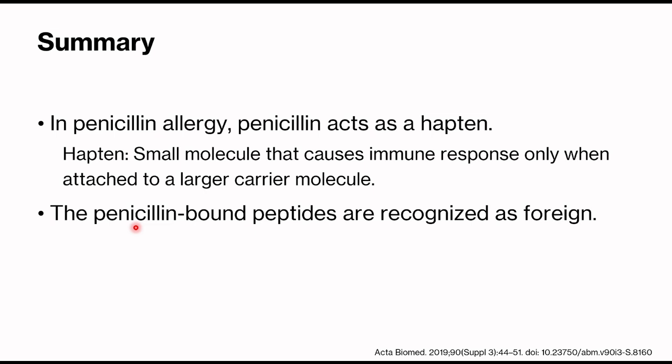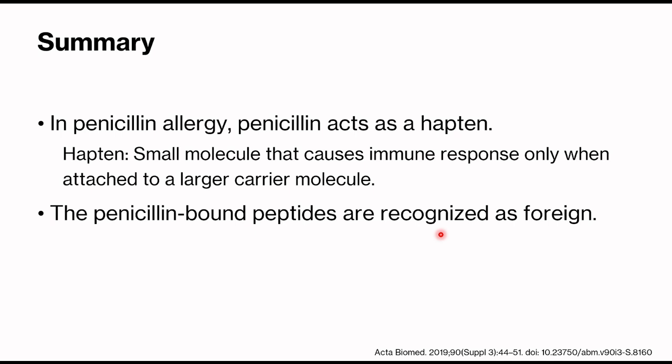And the penicillin-bound peptides are recognized as foreign, even though they are on a self-protein, because what is recognized is this complex between the peptide and the penicillin. This is something foreign that wouldn't be presented in the thymus when those T cells are selected. I should say this is importantly one mechanism in which penicillin allergy can develop. There are most likely other mechanisms as well.